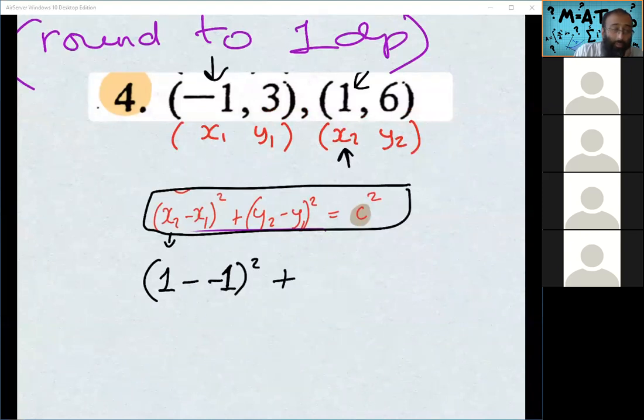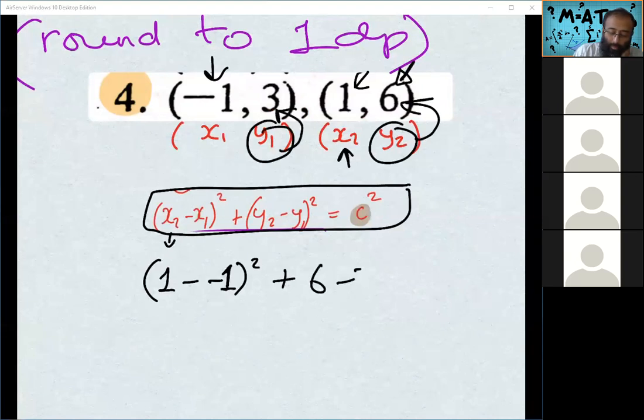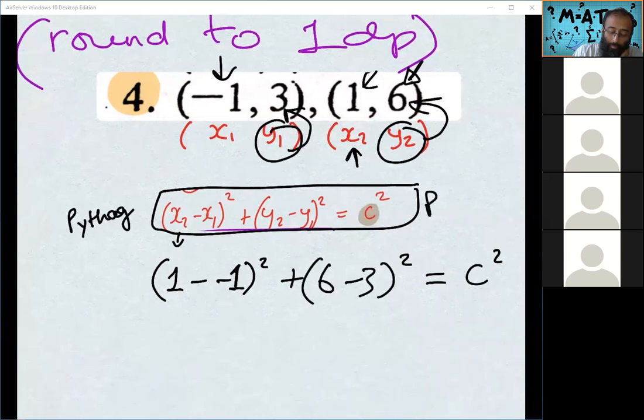And then we'll do the difference in the y values. The y2 is over here, and this is y1. So it'll be 6 minus 3. That's Pythagoras' theorem for you.